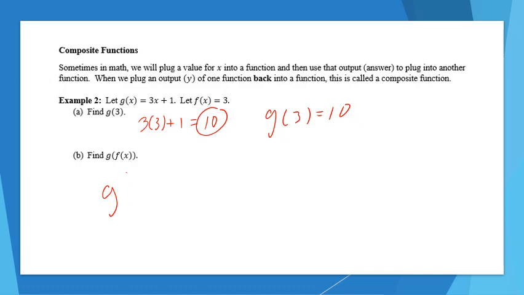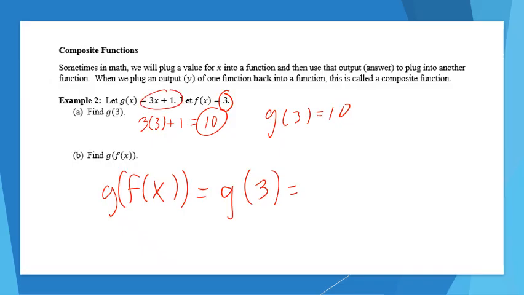What is now g of f of x? Well, this is going to be g, and then f of x is also just that. F of x is a function, but it's just that number 3. So this is the same thing as g of 3, which we're plugging into this function, which is just 3 times 3 plus 1, which we know is 9 plus 1, or 10.